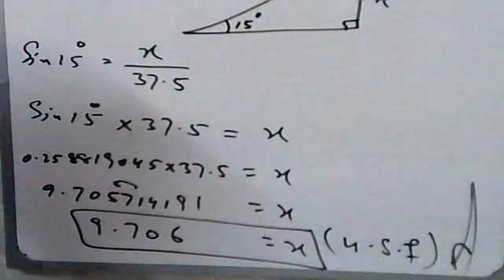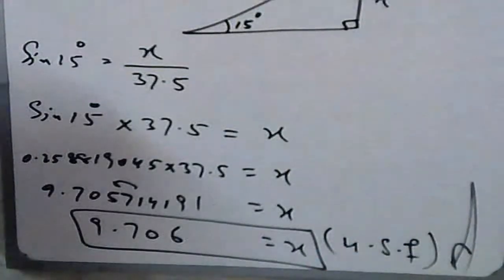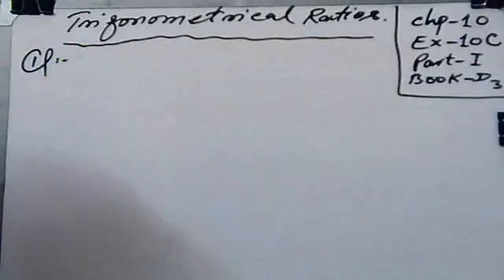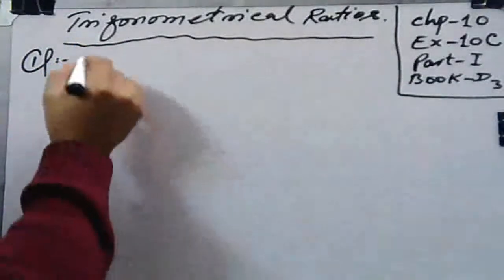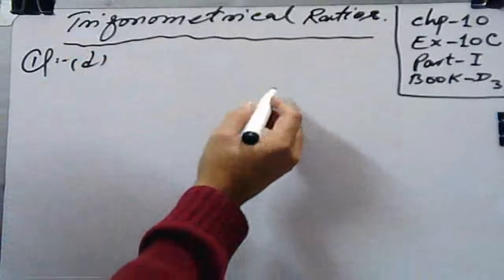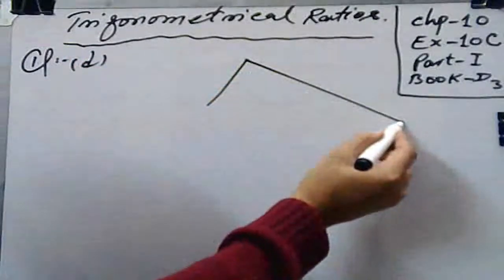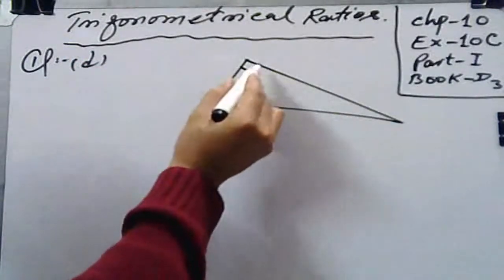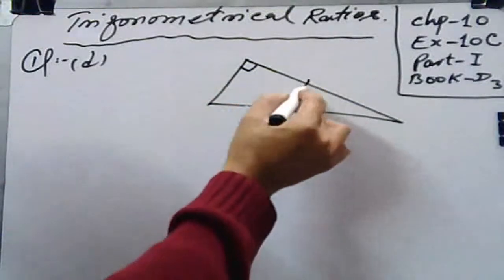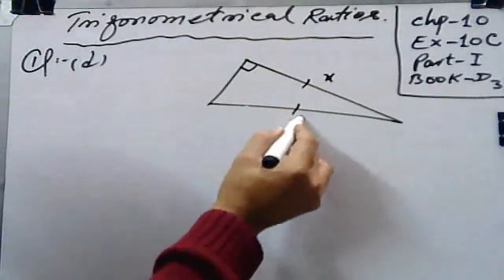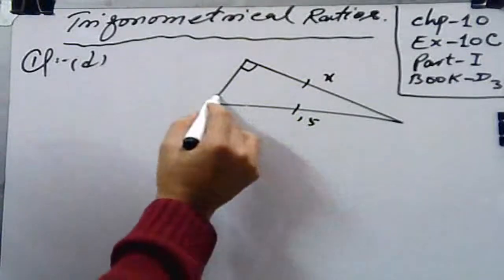Now coming to the D portion. In D part, you can see the given figure like this. You can see here is your 90, that is your x, that is your 15, and this angle is 67 degree.